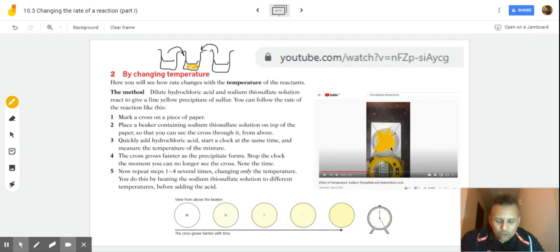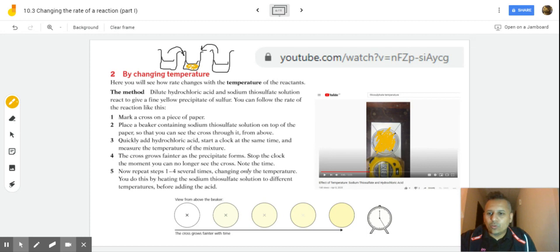So the faster the cross disappears, the more sulfur product is formed, and as a result, the faster the rate of reaction.